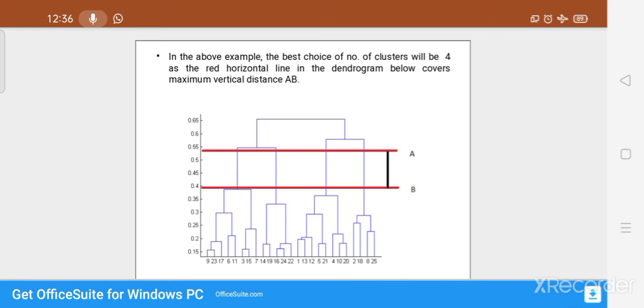So here we can see the 4 clusters fit the dendrogram best, because the distance covered by cutting horizontally with these clusters will be more. Okay. So in the above example, the best choice of number of clusters will be 4, as the red horizontal line in the dendrogram below covers the maximum vertical distance.